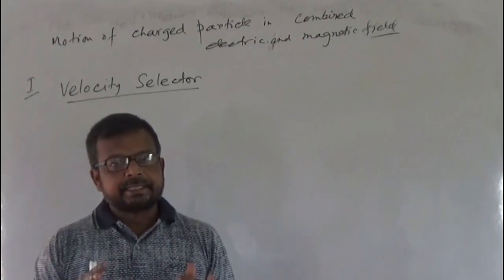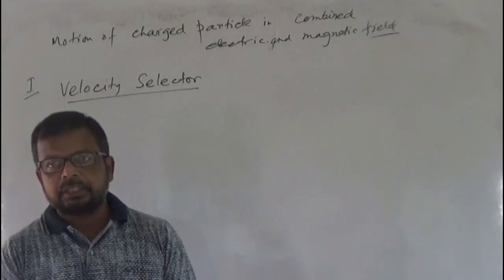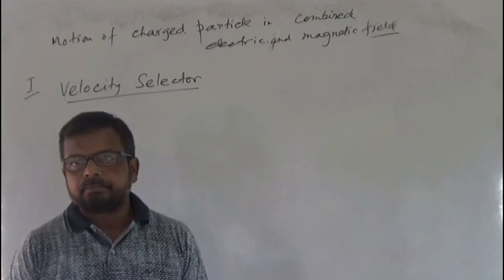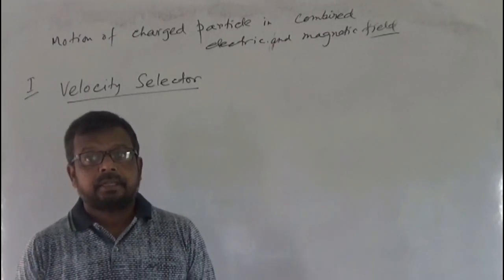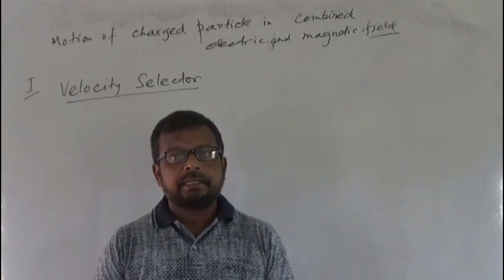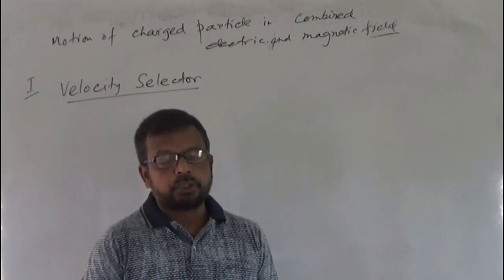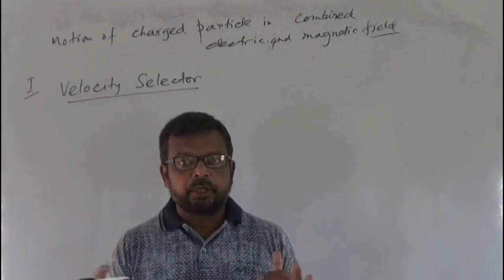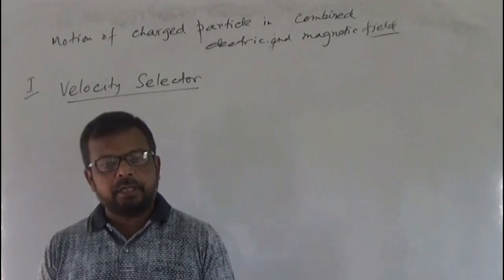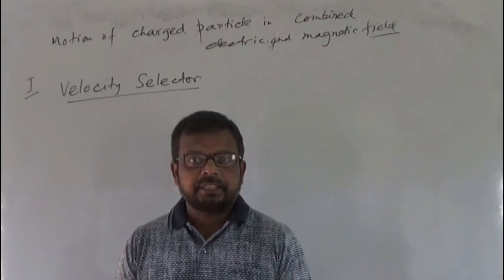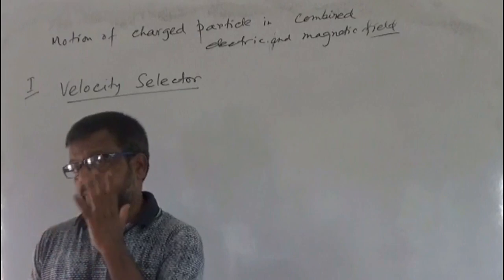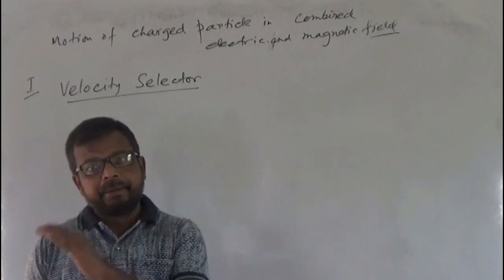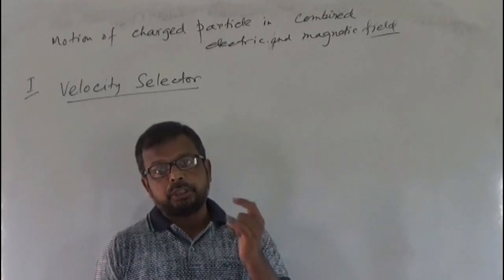It is passed through a space having mutually perpendicular electric and magnetic fields, which is called the cross field. Cross field means there is an electric field and a magnetic field both, but the two are mutually perpendicular.